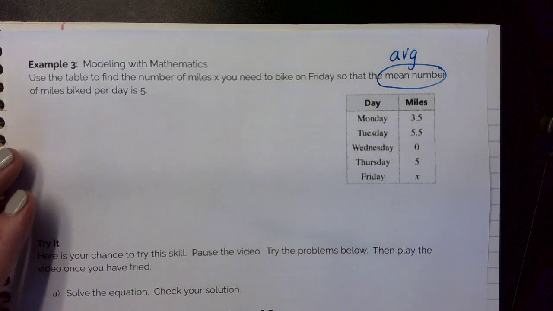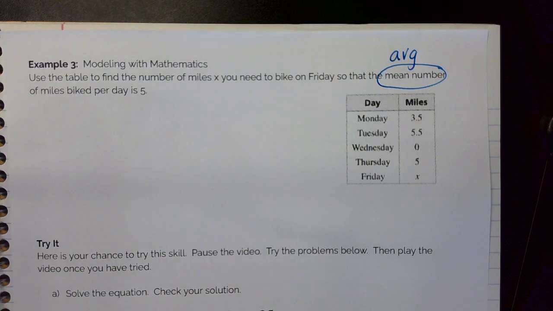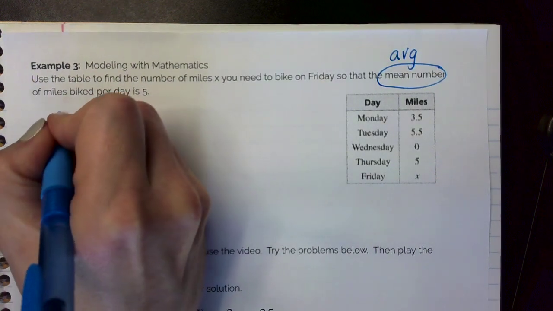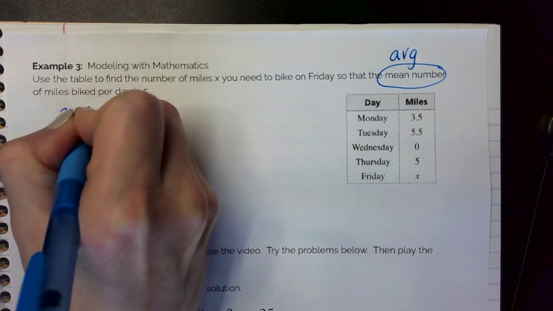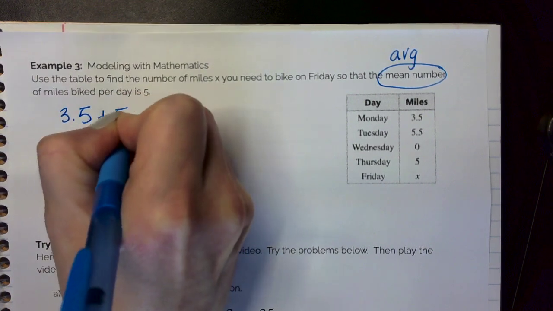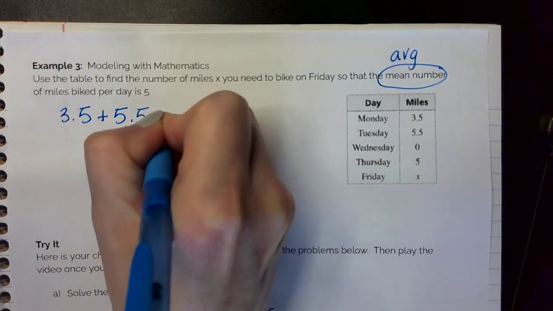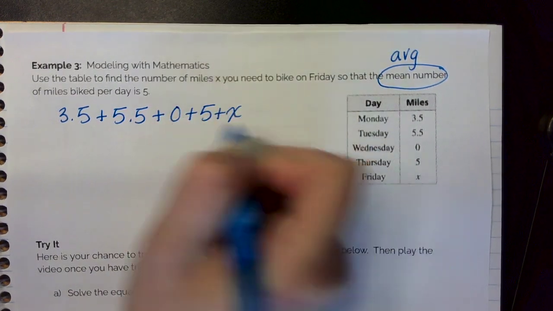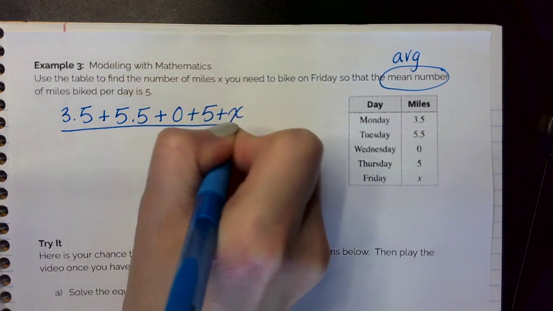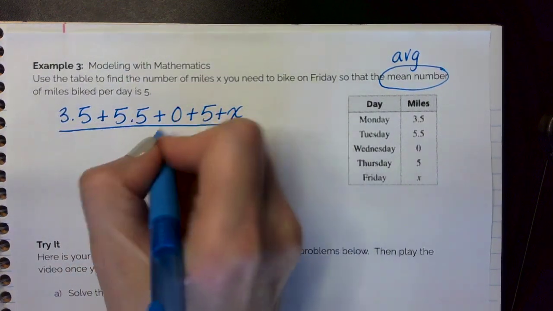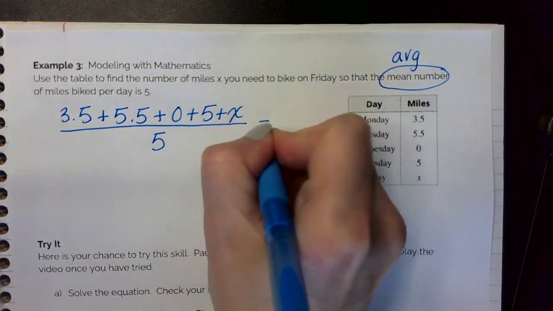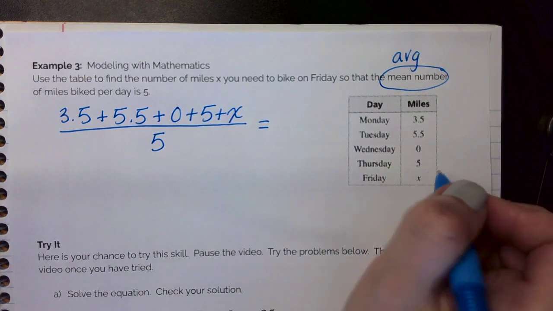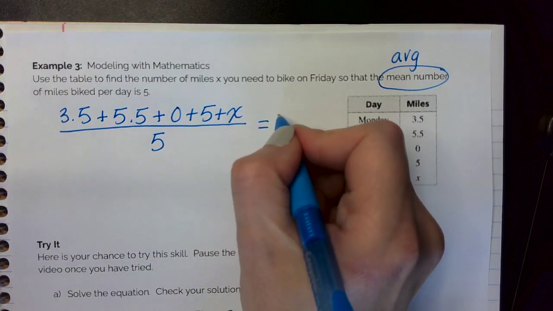So adding up all of these numbers, we have (3.5 plus 5.5 plus 0 plus 5 plus x), all divided by 1, 2, 3, 4, 5. And we want this average to be 5.